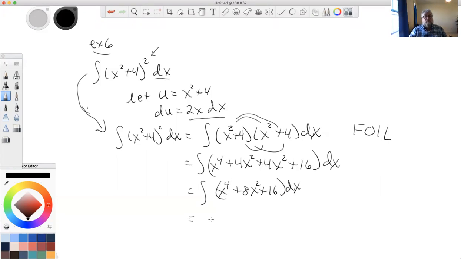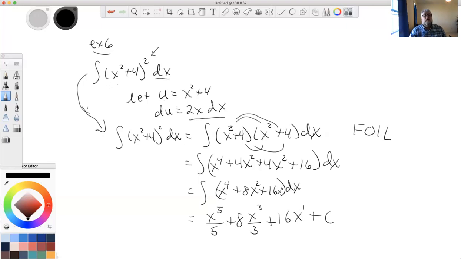We did that in the last section. So this will be x to the 5th over 5 plus 8 times the integral of x squared, x cubed over 3. And the integral of 16 will be 16x, because this is x to the 0 power. 0 plus 1 is 1.